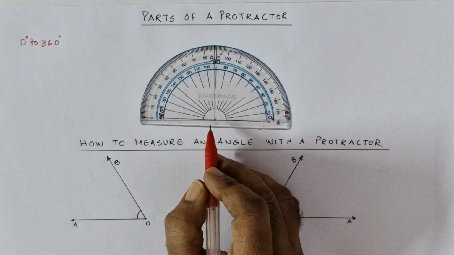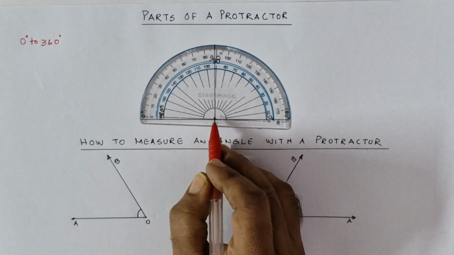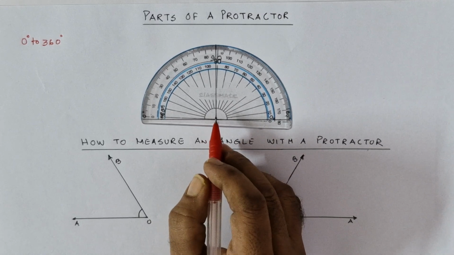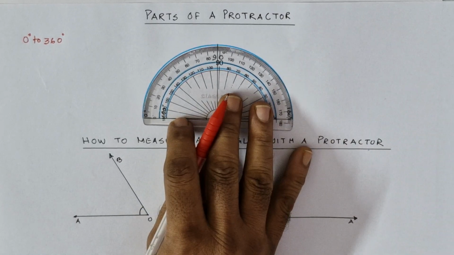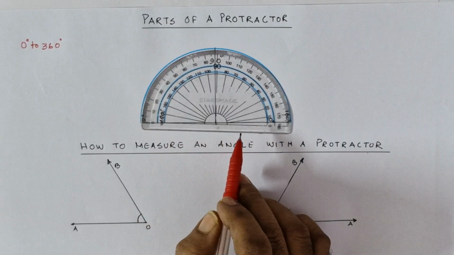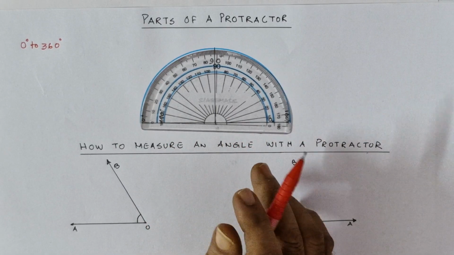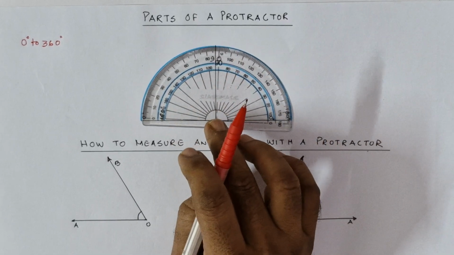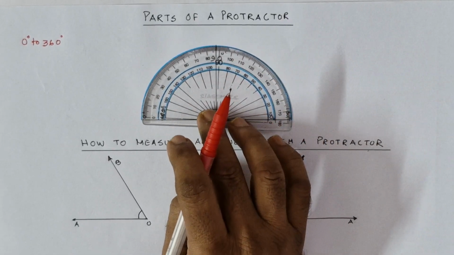This point is known as the center of the protractor, okay? And the line joining the two zeros is known as the baseline. And remember, the midpoint of the protractor is called the center of the protractor.